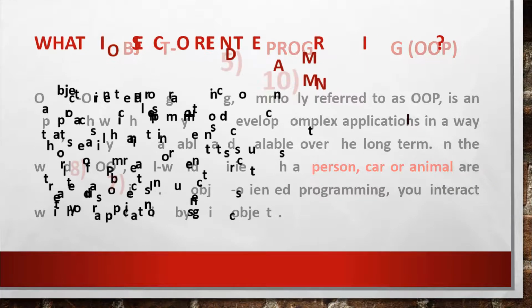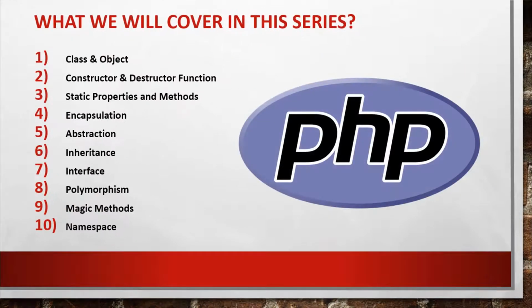Now let's see what we will cover in this series. So we will cover classes and object, then constructor and destructor function, then static properties and methods, then encapsulation, abstraction, inheritance, interface, polymorphism, magic methods, and finally namespace.